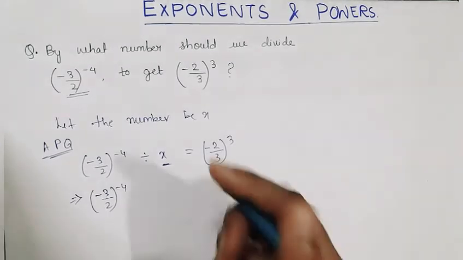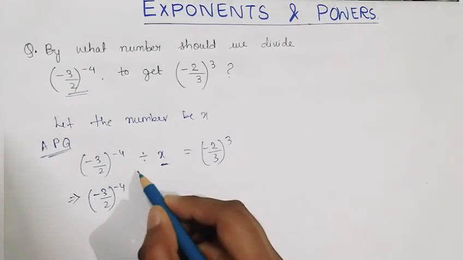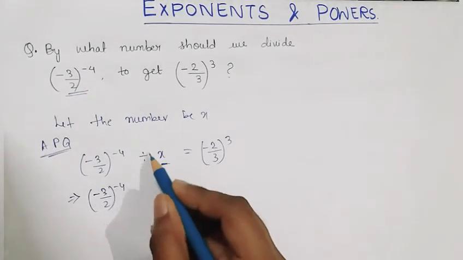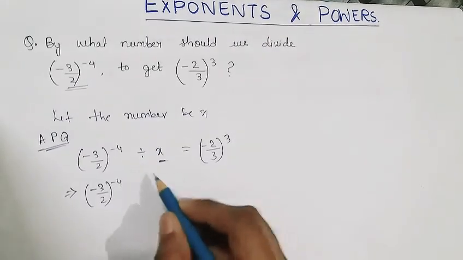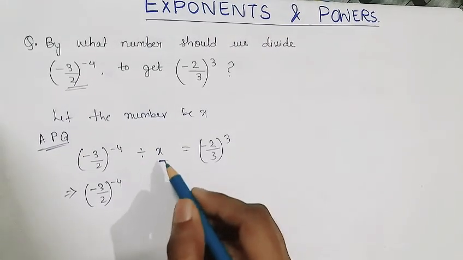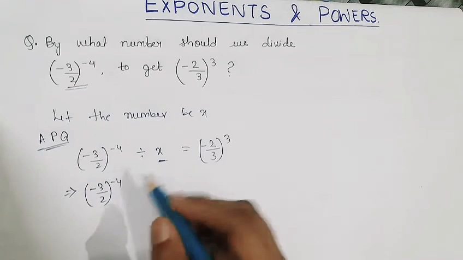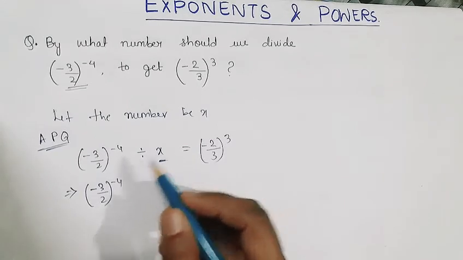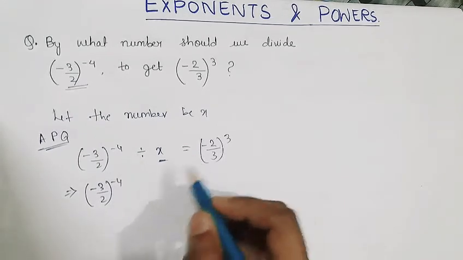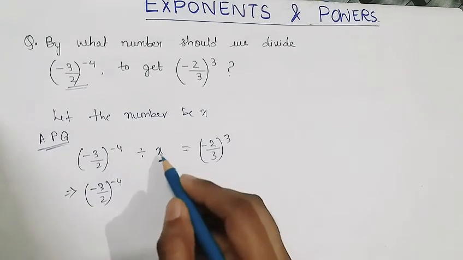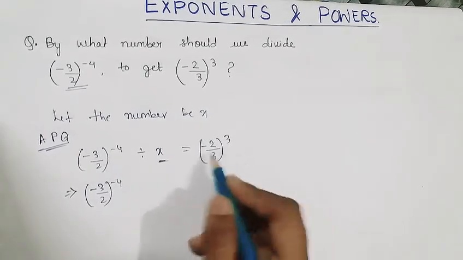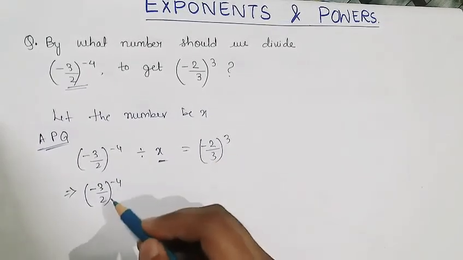Now this x is over here, and it is in division. In a linear equation we have to separate the variables and the numbers. So we have to write variables on one side of the equation and the numbers on the other side. So let's move this x to this side, and this number to the other side.